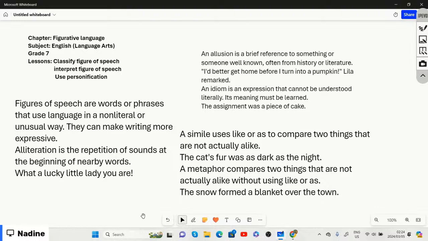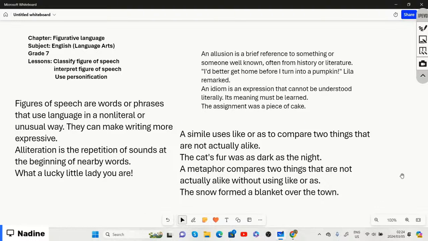We're going to interpret figures of speech, and then we're going to use personification. So with figures of speech, we have alliteration, allusion, simile, idioms, right?